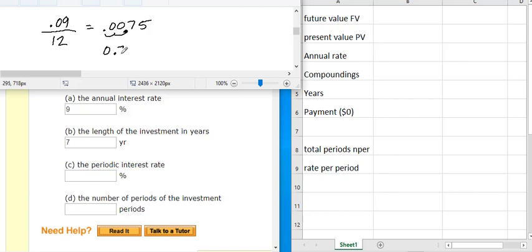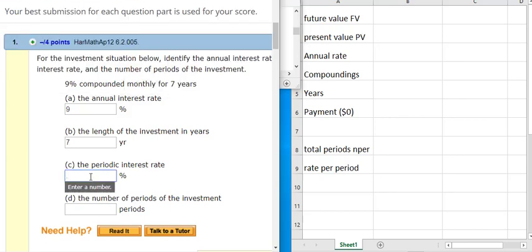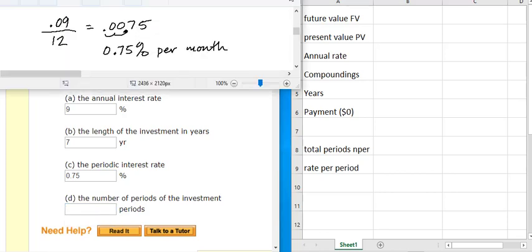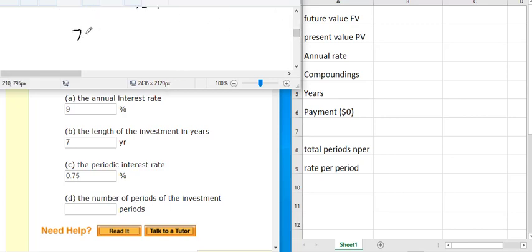So it would be 0.75%, and that's per month. Total number of periods of the investment, well, 7 years of monthly compounding. So the total number of periods will be 7 years times 12 months per year would be 84 months of compounding.